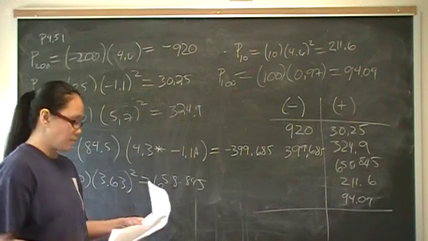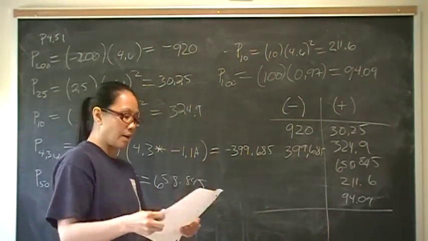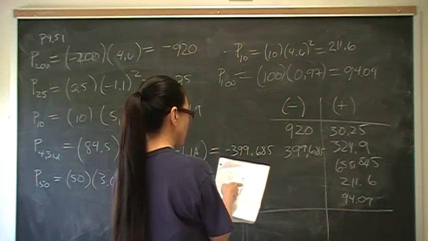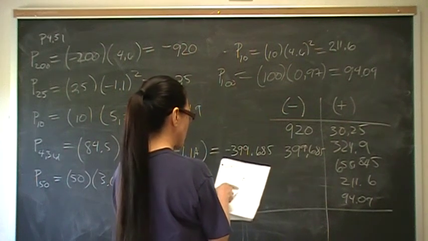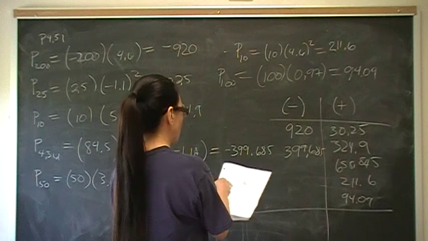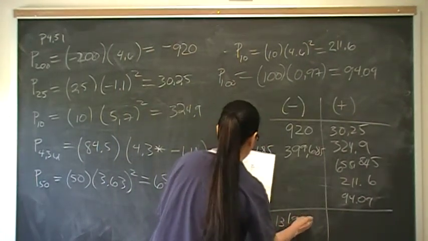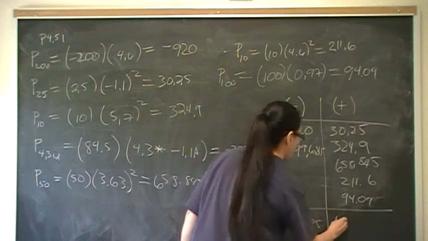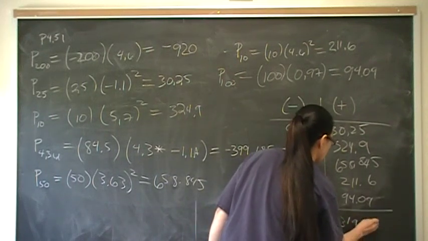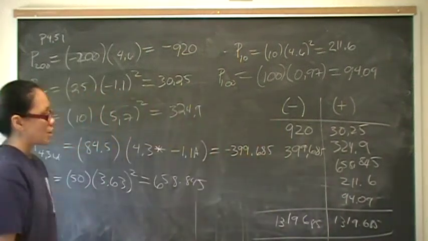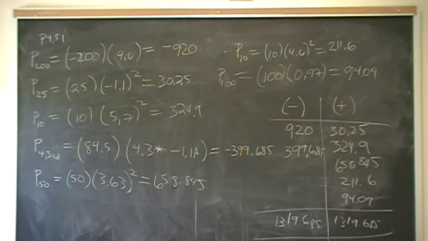And when you do the math, you should come up with 1419.685. And 1419.685, and that proves that power dissipated equals power developed, and that proves our answer was correct.